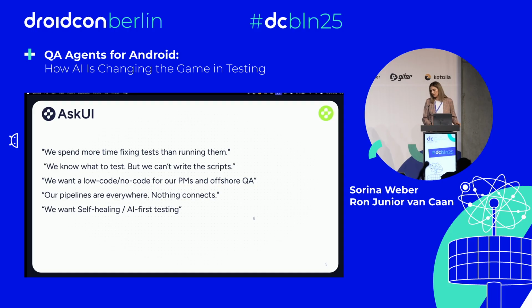Then there's the problem that they know what to test, but they cannot write the scripts. Maybe some of you are familiar with writing .NET scripts. That seems to be quite complicated, as is any sort of automation for desktop apps.